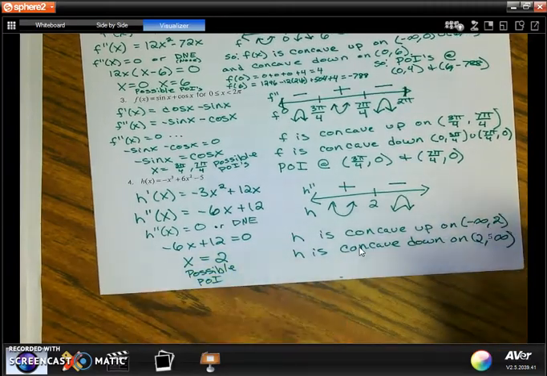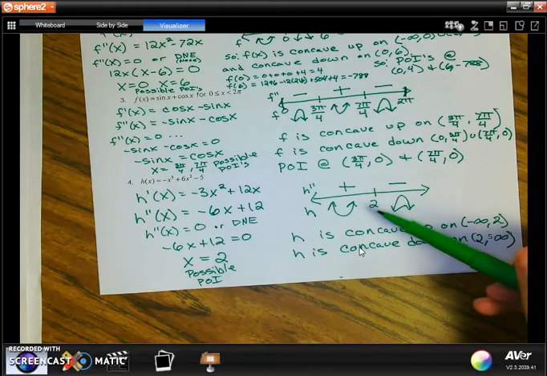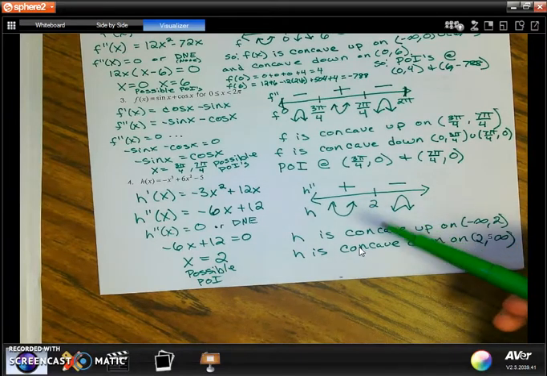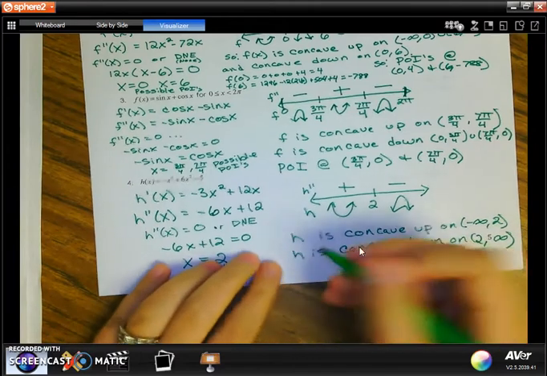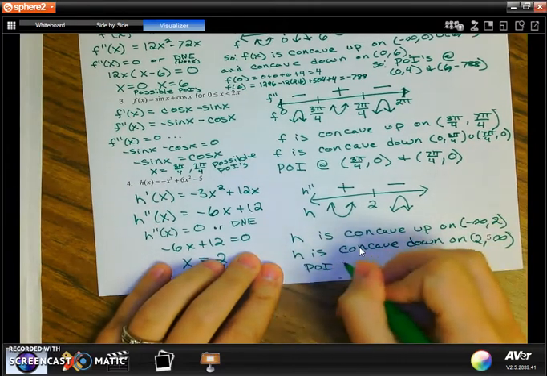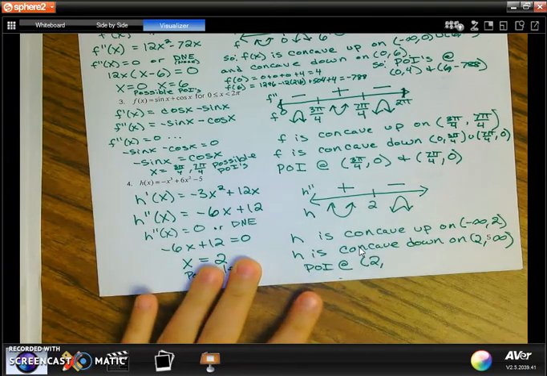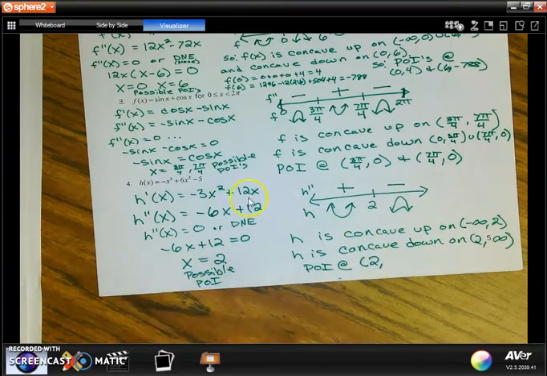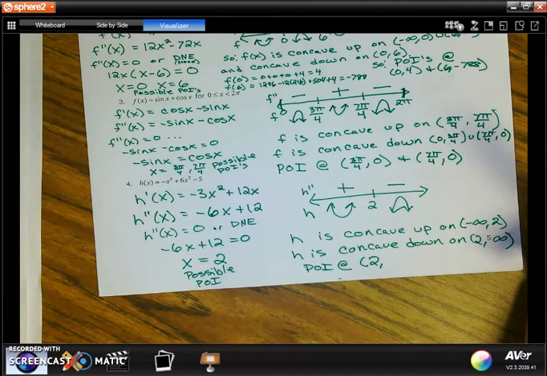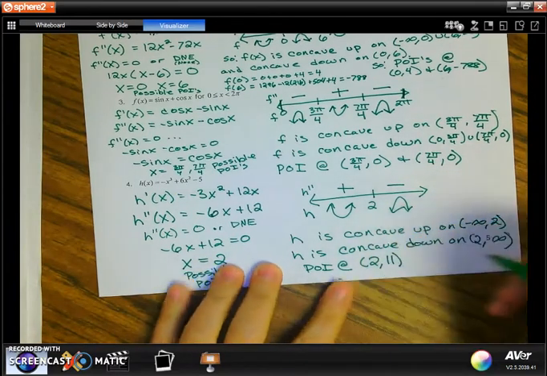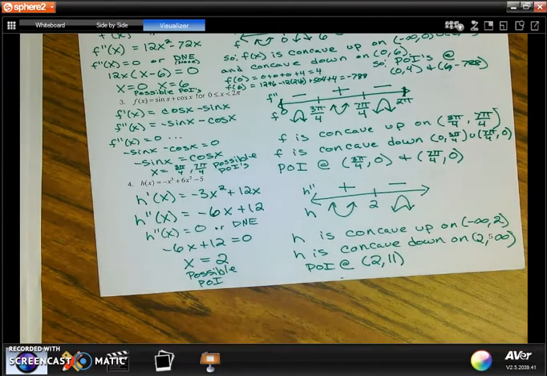So you could say you do indeed have a point of inflection at 2. So you could say POI at 2, comma, to get that y value, you would take this 2 and plug it in there. So you're going to have negative 8, negative 8 plus 24 minus 5 gives you 11. So we have that. Okay.